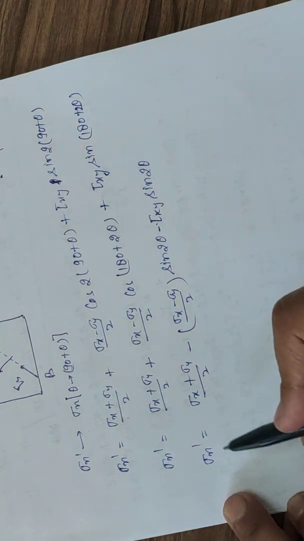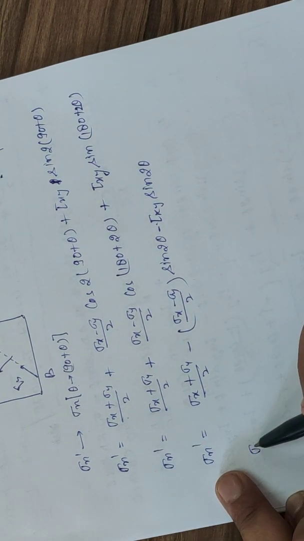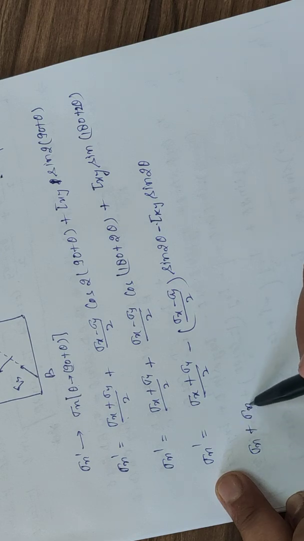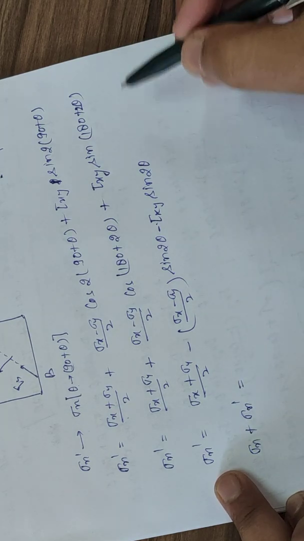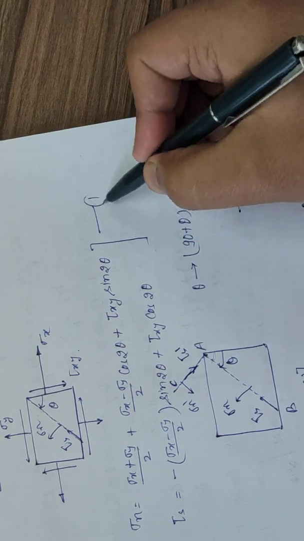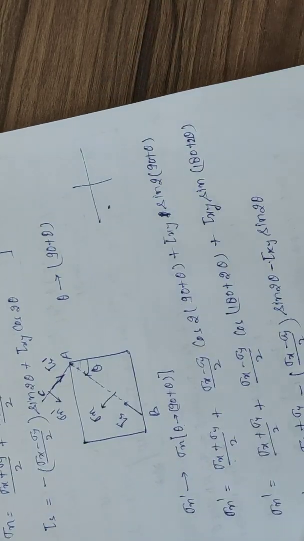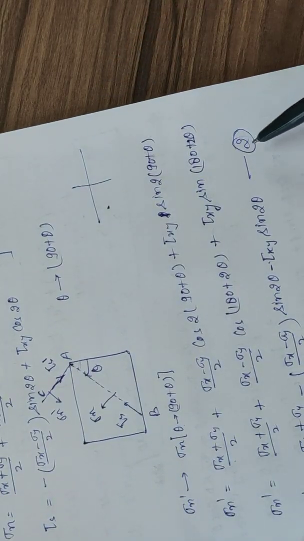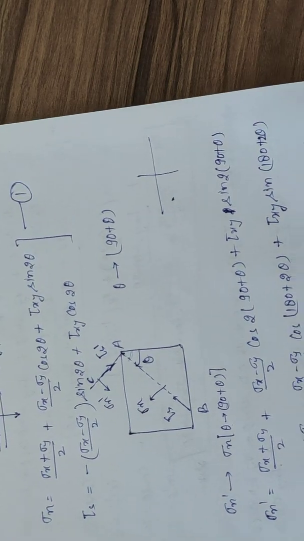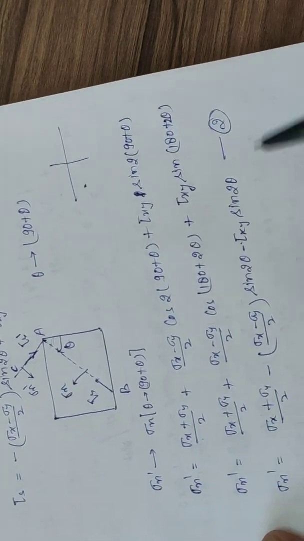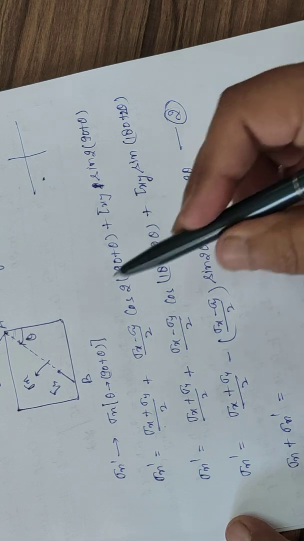Now if we add sigma n and sigma n dash, sigma n being equation number 1 and sigma n dash equation number 2, this part and this part will cancel out.